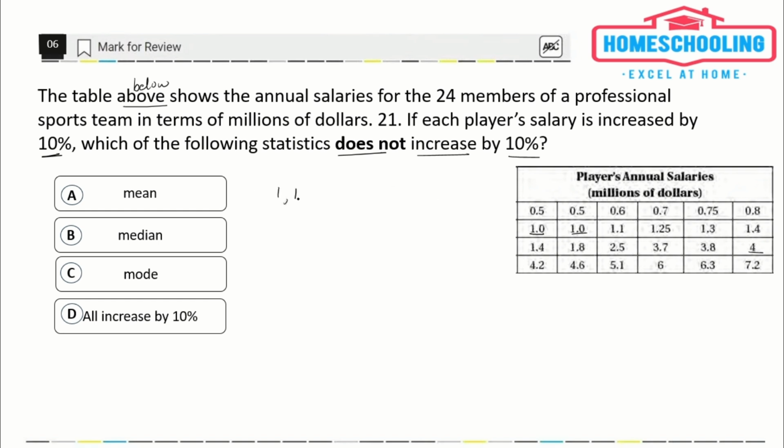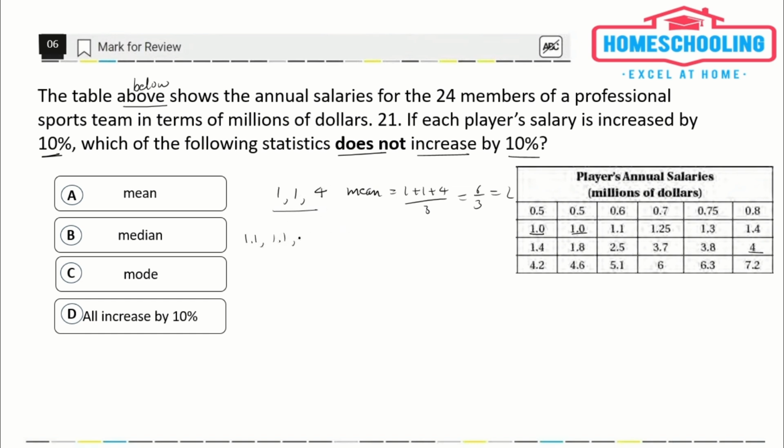So let's take these 3 whole numbers from the data set: 1, 1, 4. So their mean would be how much? 1 plus 1 plus 4 divided by 3. That is going to be 6 divided by 3. That is 2. Now, if we increase the value of these selected 3 numbers by 10%, then it is going to be 1.1, 1.1.